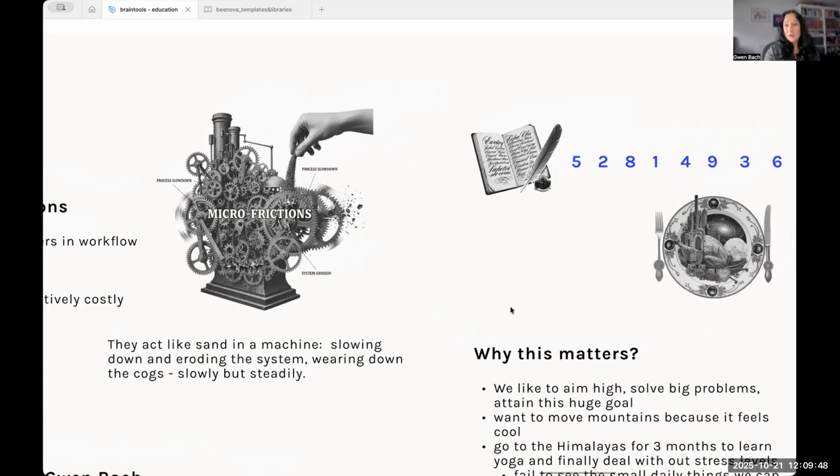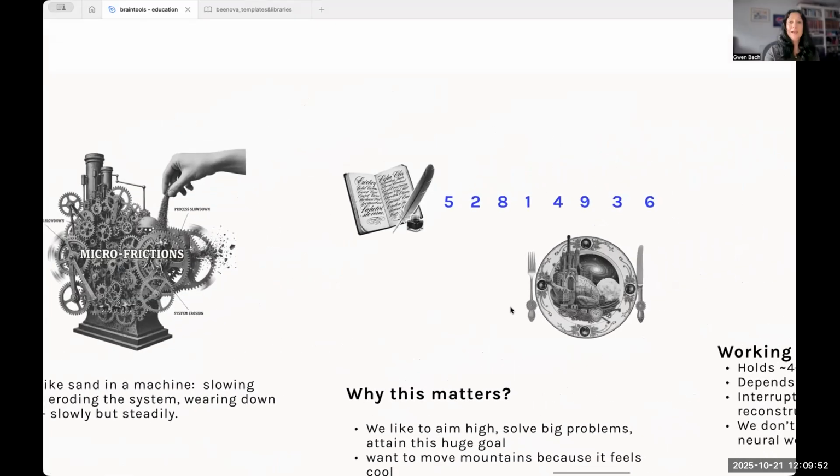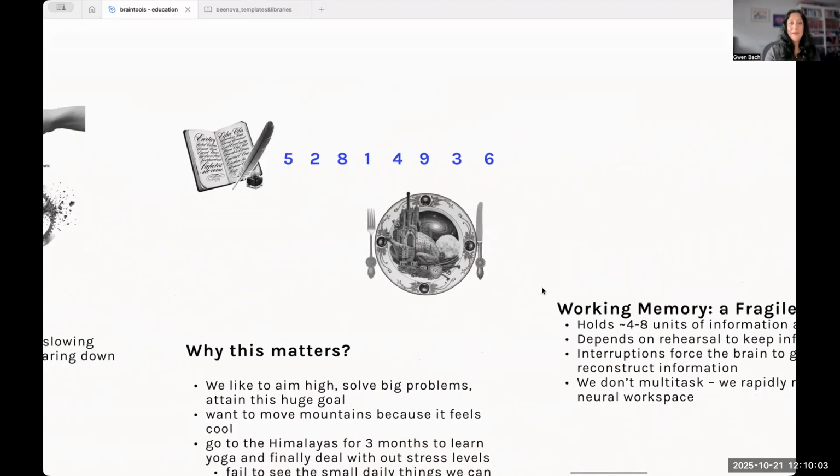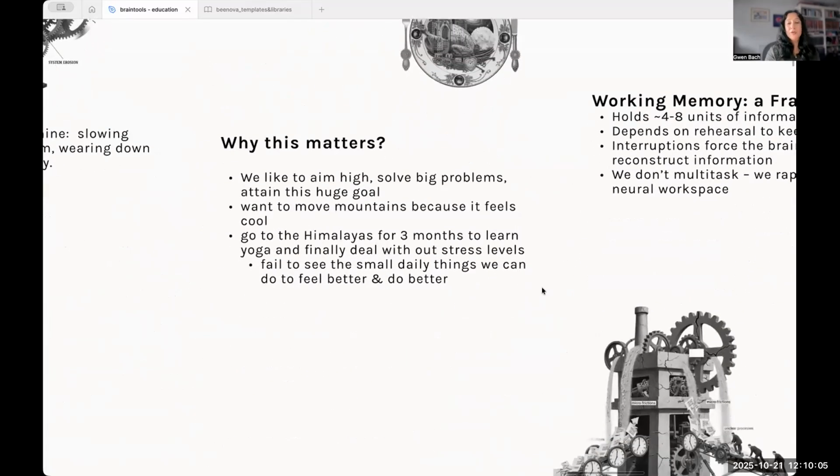So in order for you all to really experience this, I would like to give you just a few seconds to remember this string of numbers. I'll give you a second, and then we'll hide those numbers. Before you recall those numbers, I ask you, what did you have for lunch or for dinner 2 days ago?